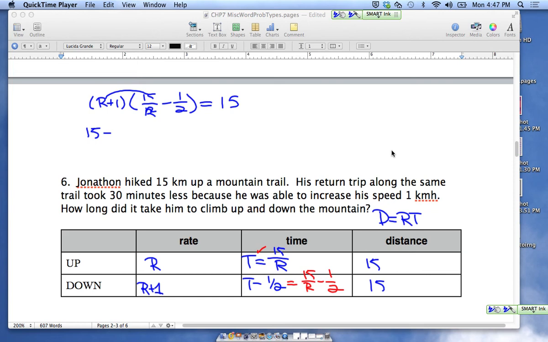R times negative 1/2. Okay, so that's step number 1, getting rid of the parentheses. And then a little bit of analysis. If I subtract 15 from both sides, then that's gone. And then what's left over?